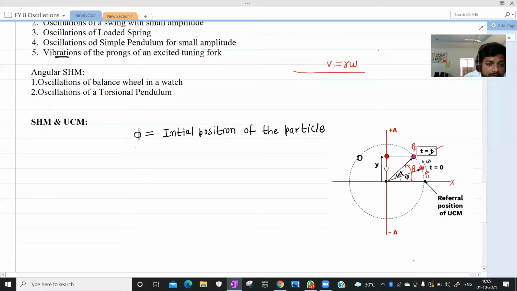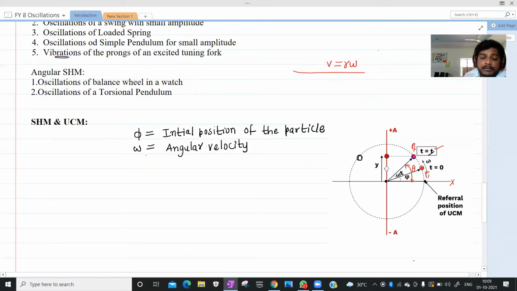And what is omega? Omega is the angular velocity. After some time, the particle reaches the final position.